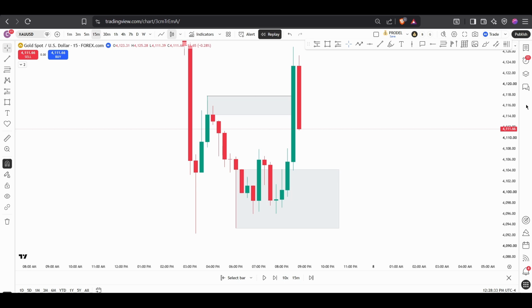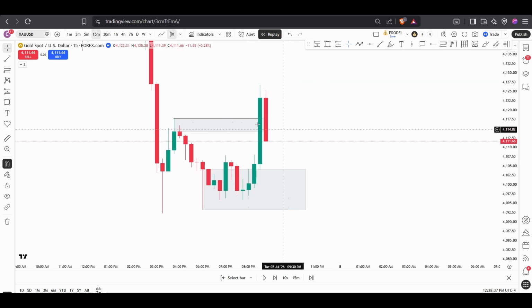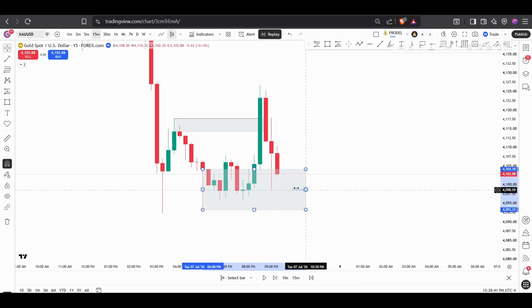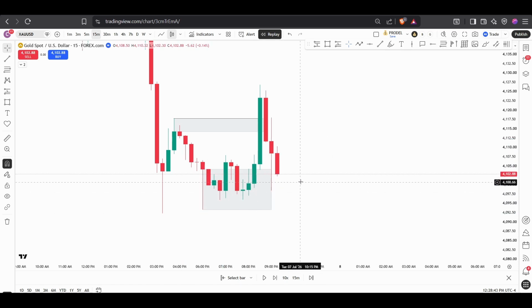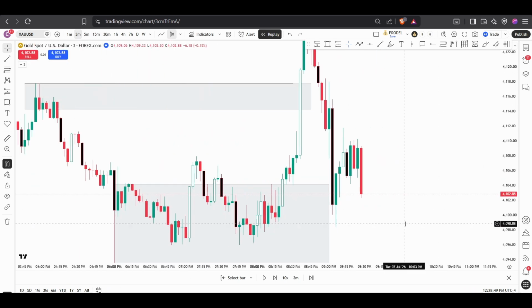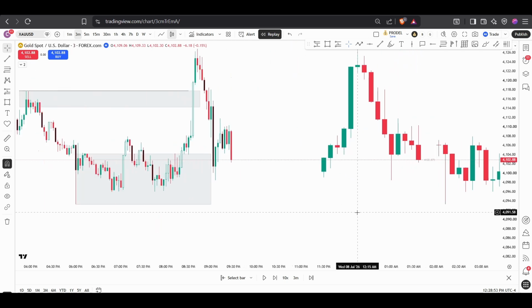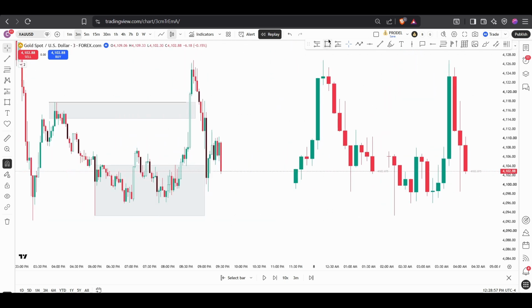And this is the resistance become support level. You can see this level is already broken here, and the market reached our apex level. After that I went to the 3-minute time frame. On the 3-minute, there is the entry confirmation, but on the 5-minute there is a fresh 5-minute fair value gap.